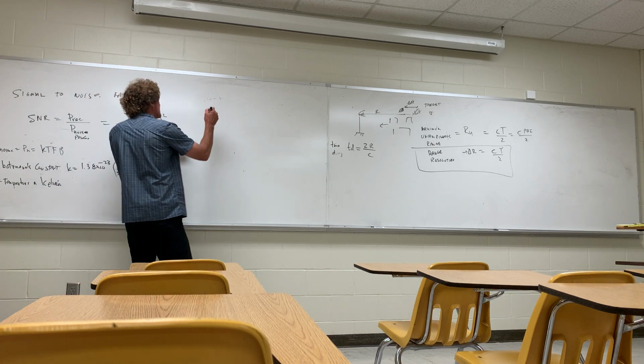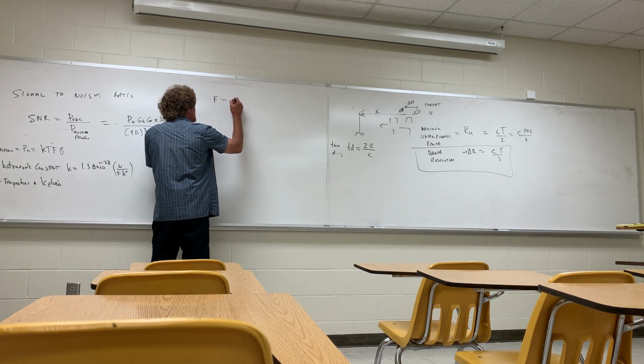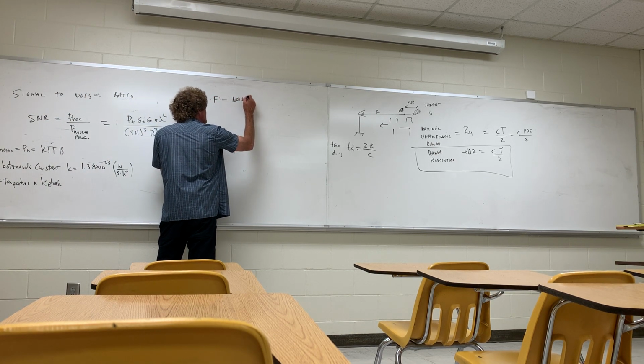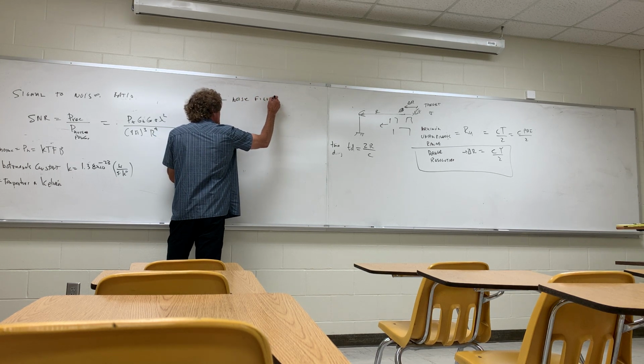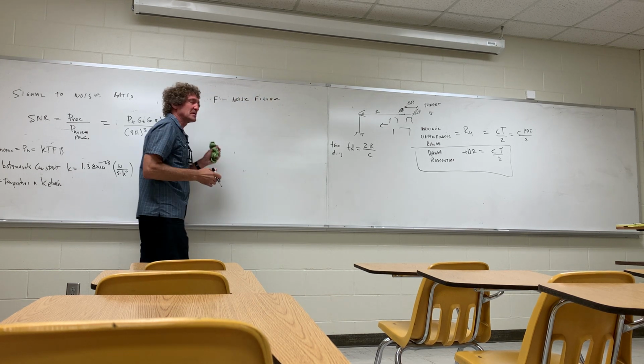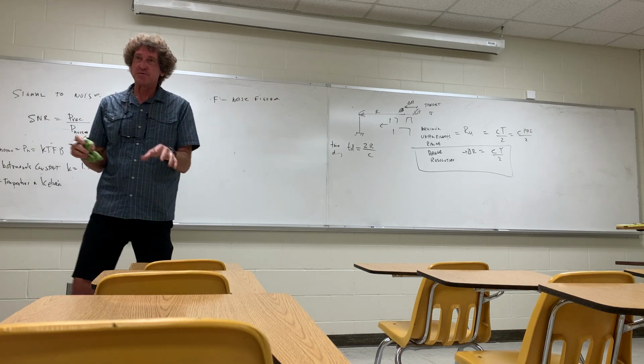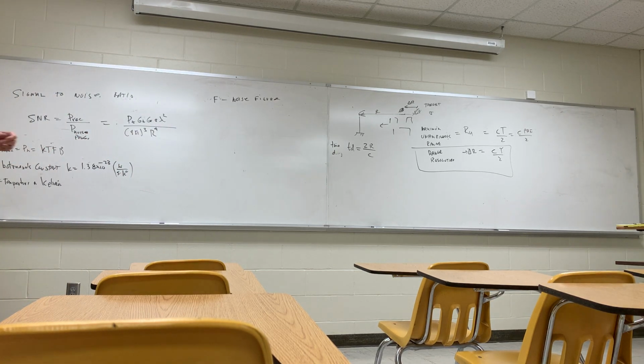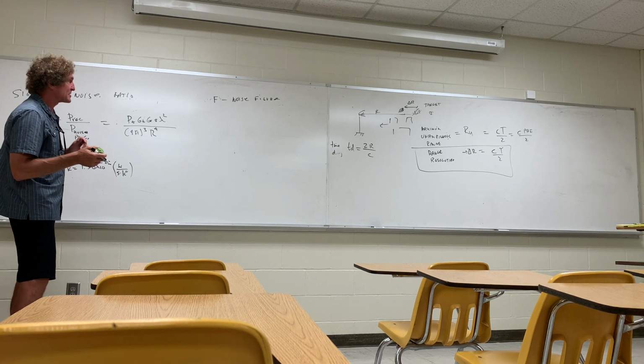The F is the noise figure. Let me tell you a little about this. I call it a fudge factor. Whenever you have any kind of radar and electronics, there are measurements you do.